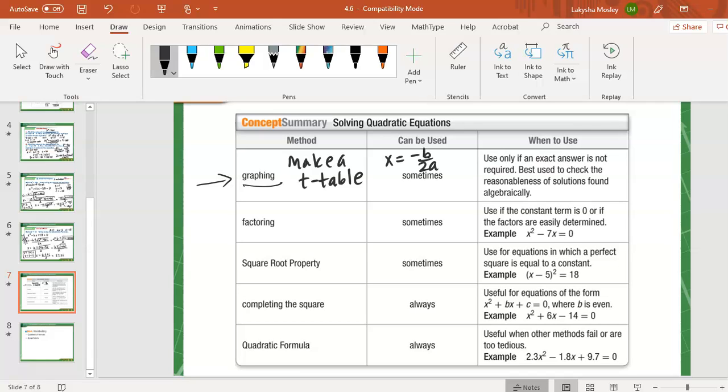You get that x value, you plug it into the original equation or function, you get a y, and before you know it, you have the vertex, which is also called h comma k. Then from there you can choose some points to the left and right of the vertex with the t-table, and you can graph that way as well.